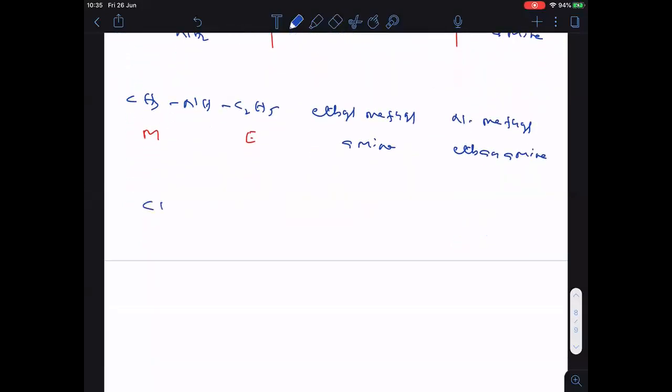Now, if I take a tertiary amine like this, according to the common system it is said to be trimethylamine.